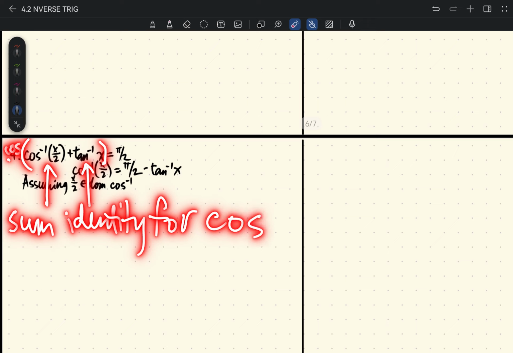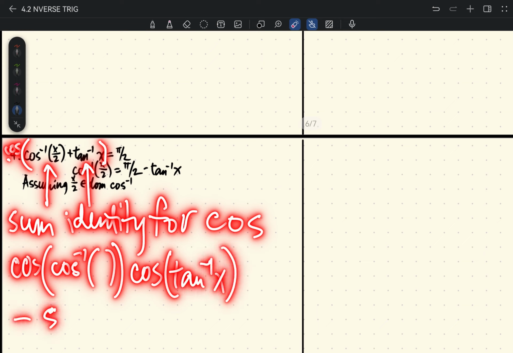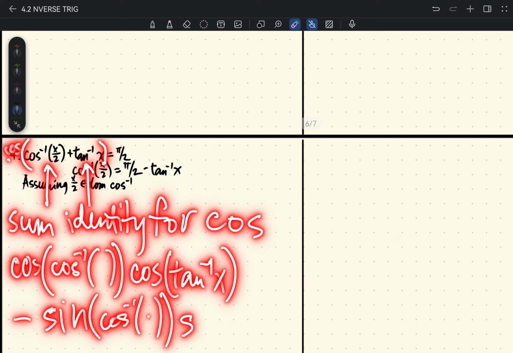And if you do that, you'll have a lot more terms: cosine of cosine inverse of something times cosine of tangent inverse of x minus sine of cosine inverse of something times sine of tangent inverse of x. And there's a lot going on here.